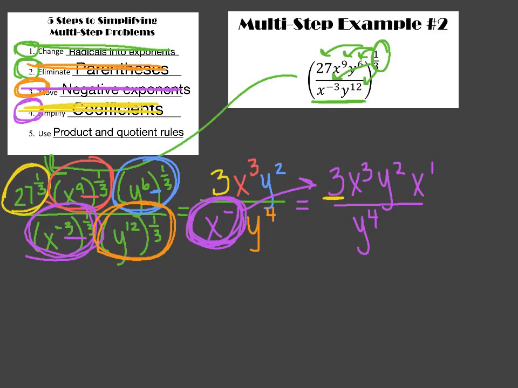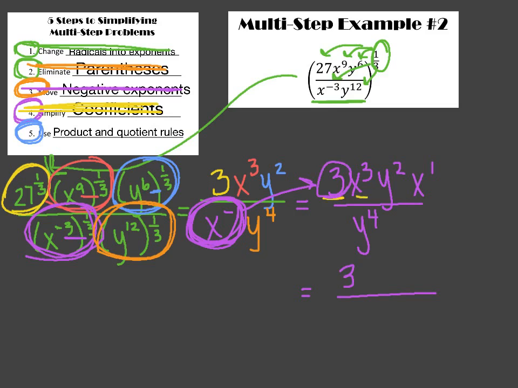And my last step is step number 5, which says use product and quotient rules. This is where I'm looking for my like bases. Whenever I do this, I like to start my answer by putting my fraction bar. Since we didn't have to simplify this 3 at all, I'm just going to bring that down. Now I'm going to look at my like bases.